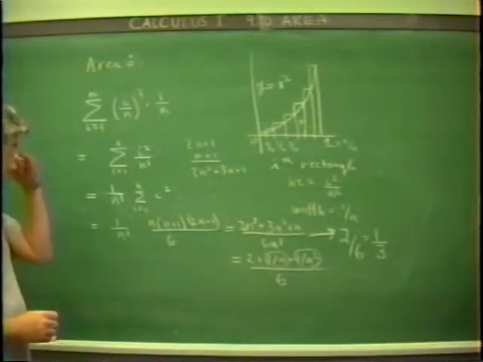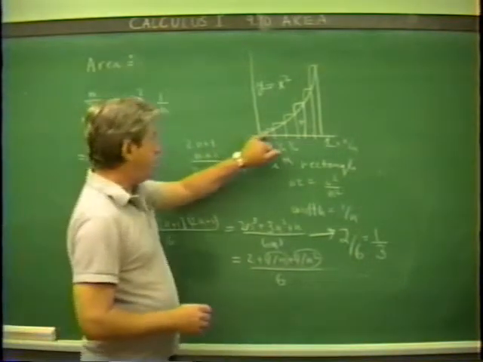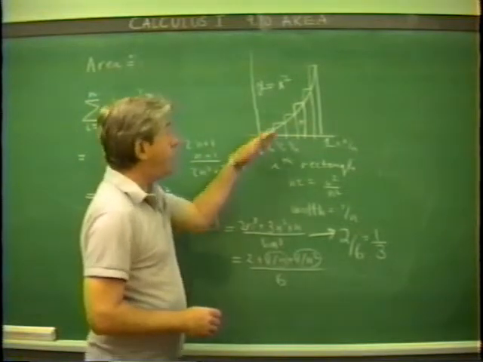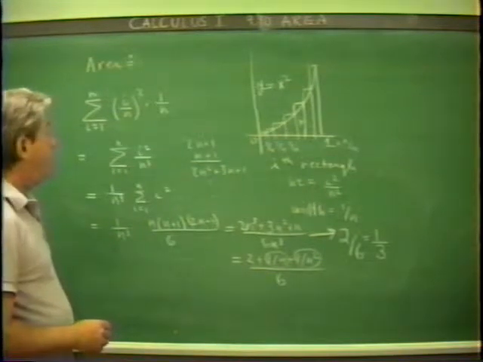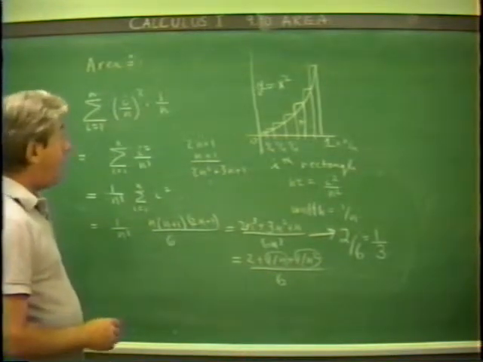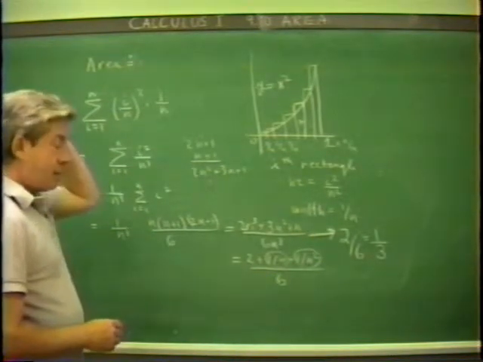So the area underneath here you expect is going to be a third. You could do the same type of calculation using smaller rectangles and show that it's got to be larger than a third, and so the area has to be exactly equal to a third.